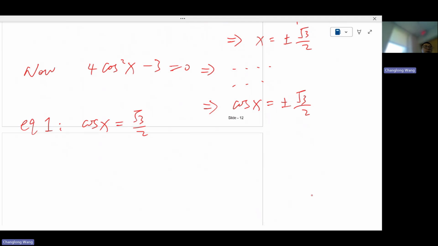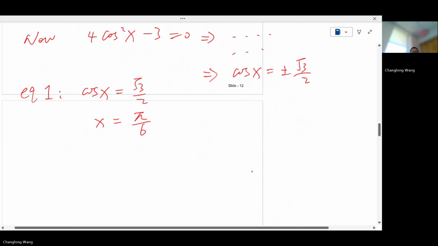But this time, like I said, try not to spoil yourself all the time with degrees. So how about we prepare ourselves for the radians? So I claim that it will be pi over 6. Let's just, it's nothing but 30 degrees, but we want to write it in a fancy way. Would there be another possible angle so that you take the cosine of it and it will also be radical 3 over 2?